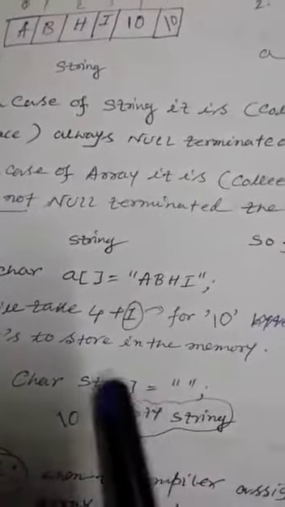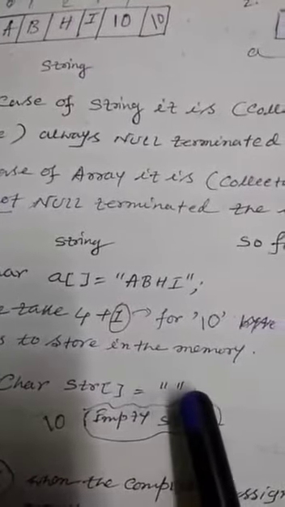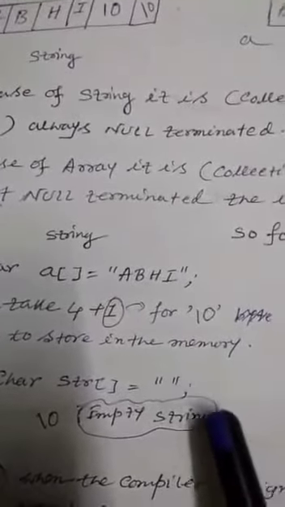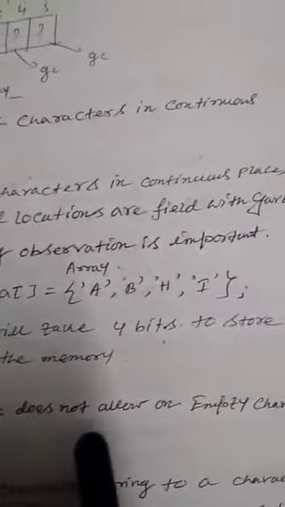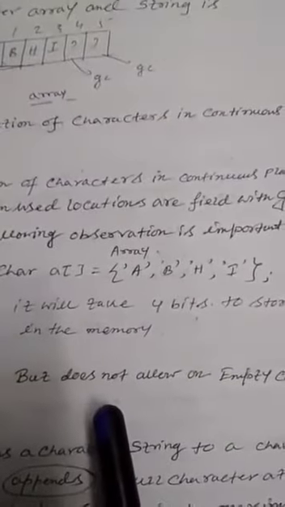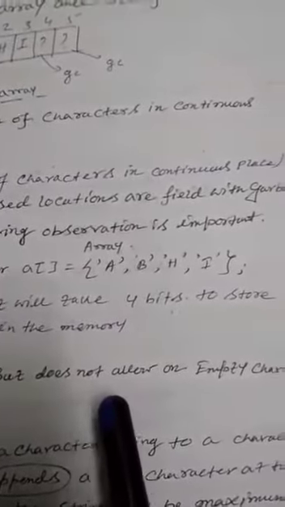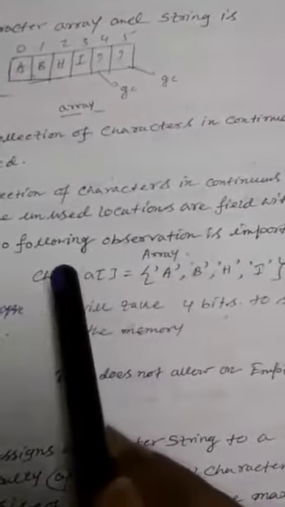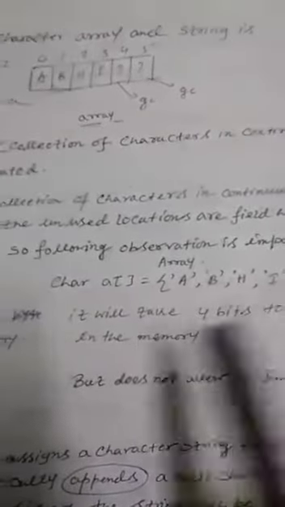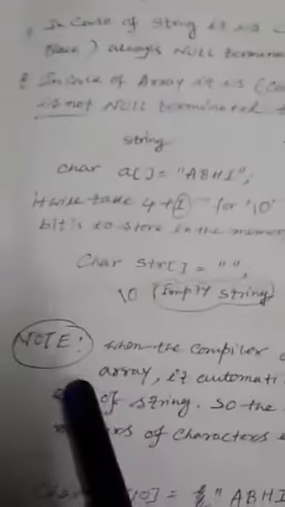Here we have declared a character array but initialized it with an empty string. So there is a concept of an empty string as well, but the compiler does not allow an empty character; there is nothing called a character array with empty values. So, what is the note?